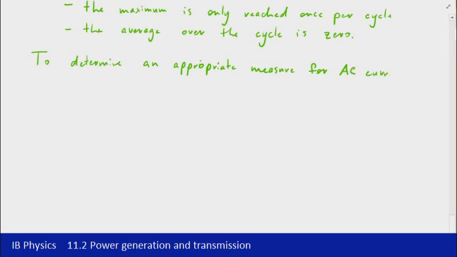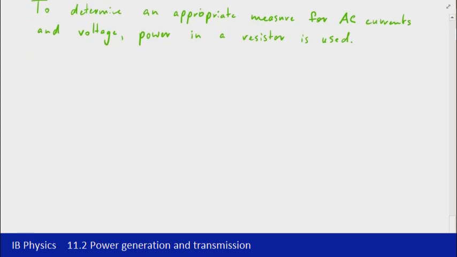And the reason why we use power is to do with the equation that links power to voltage, current and resistance. If we look at the equation, again we'll deal with current, and there is a similar sort of derivation for voltage.